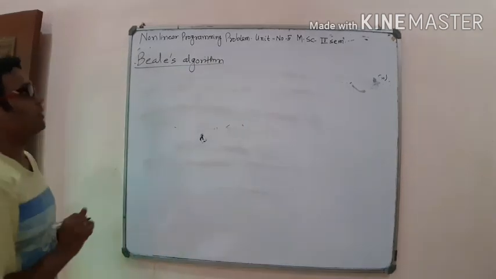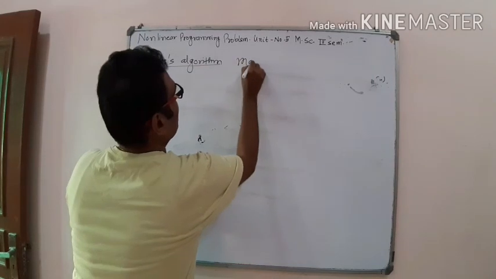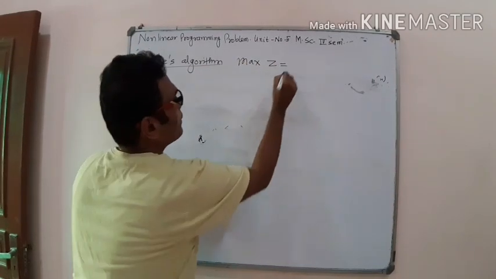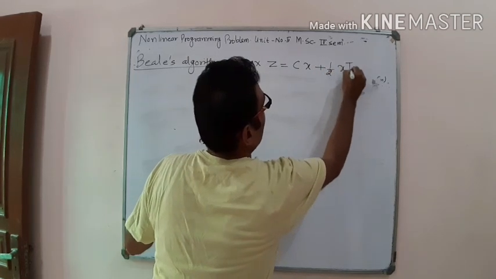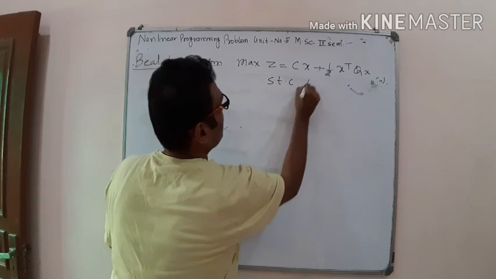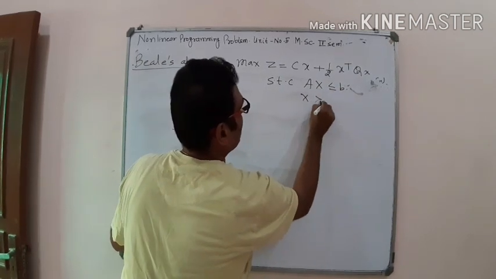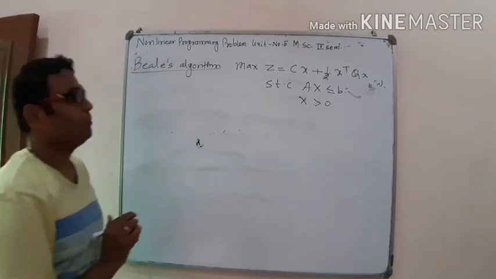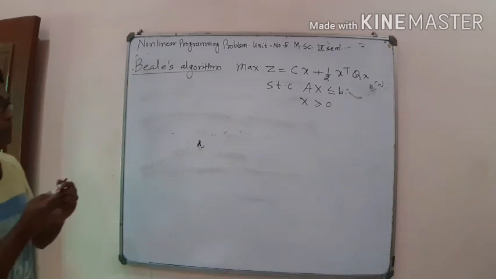Now, what is Beale's algorithm? Suppose we consider our problem: maximize z equal to Cx plus 1 by 2 x transpose Qx, subject to Ax less than or equal to b, and all x greater than or equal to 0.